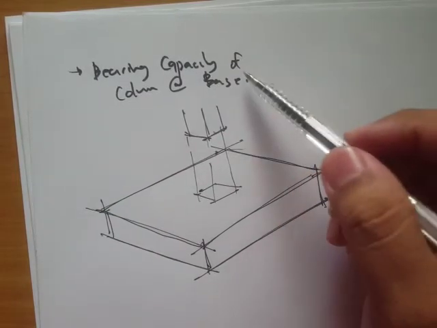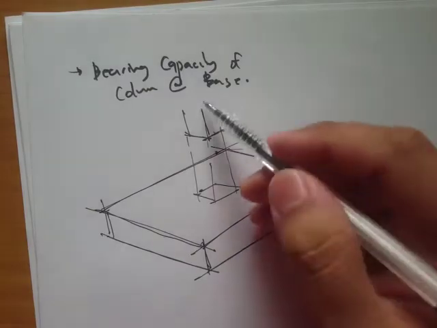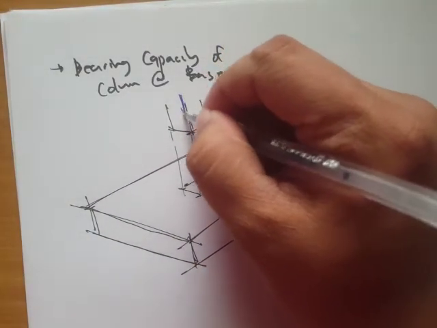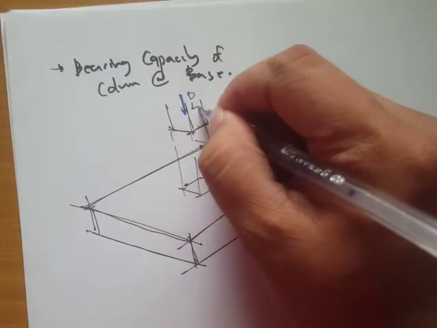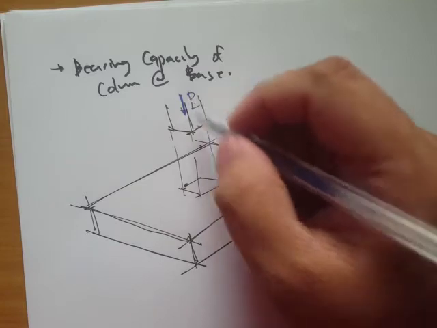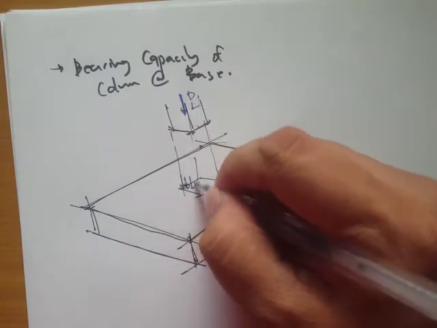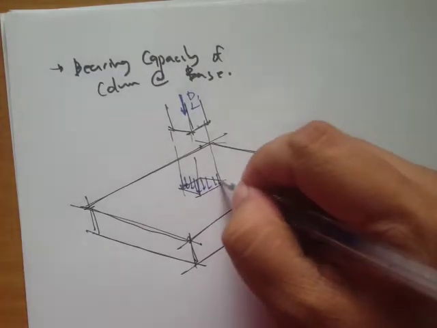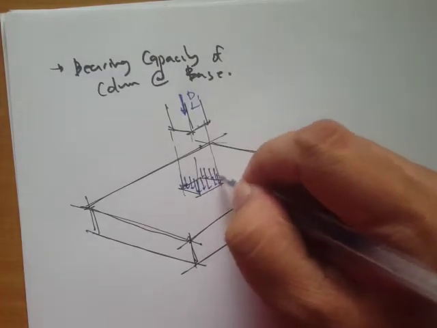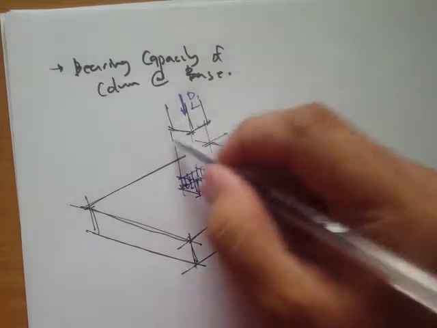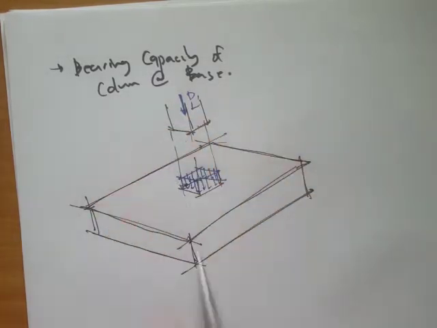Now we have the loadings from the column. We have these dead loads, and we also have the live loads. These loadings transfer the forces at this area, this column area below the column base.